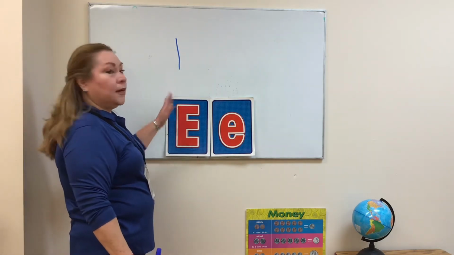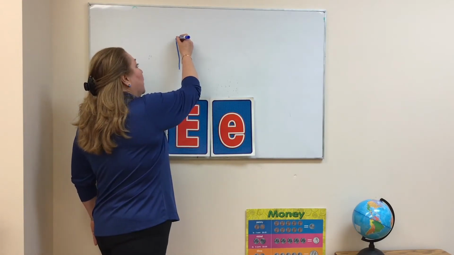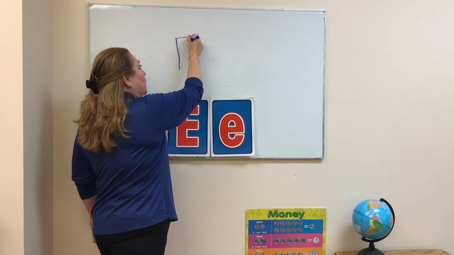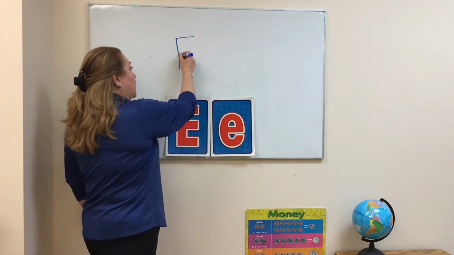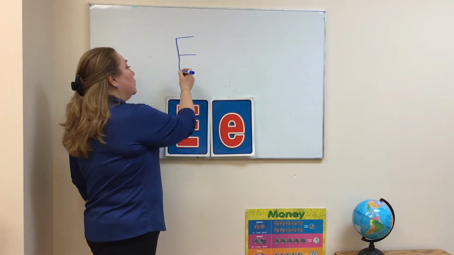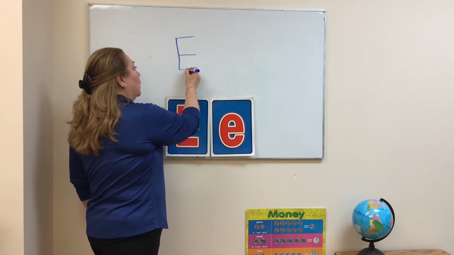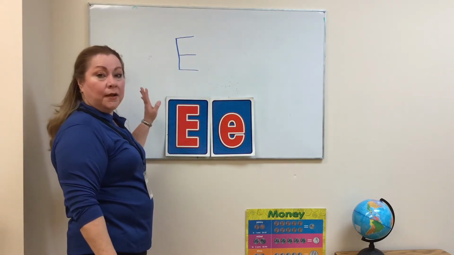We stop right here. Then again, we go to the top and we are going to make a short sleeping line. Right here, one on the top, another one in the middle, and another one on the bottom of the letter. So right here we have our capital letter E.